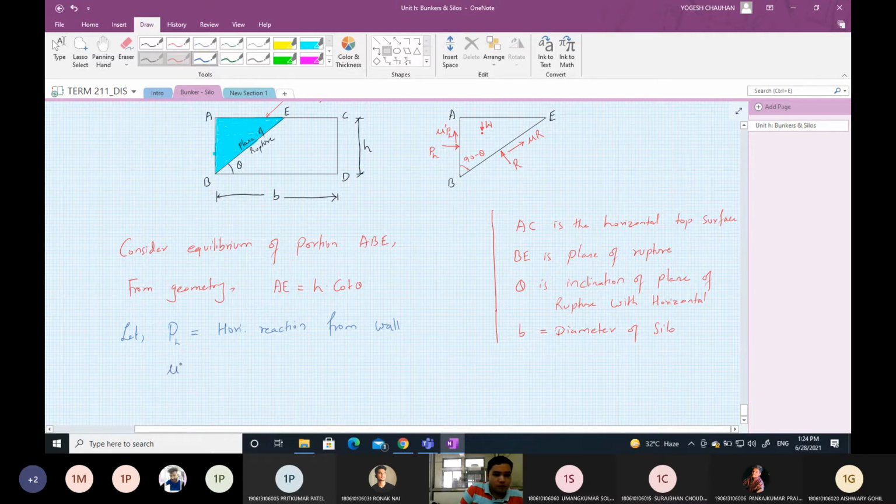Mu dash is the coefficient of friction between the material and concrete walls.